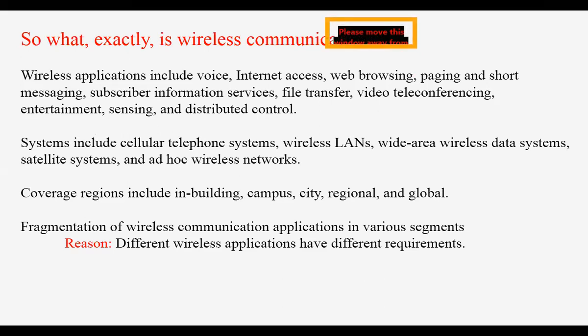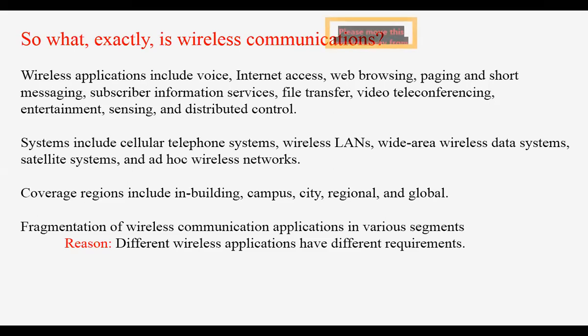So what exactly is wireless communication? Wireless communication includes voice, internet access, web browsing, paging, short messaging, subscriber information services, file transfer, video teleconferencing, entertainment, sensing, and distributed control. This variety of applications can use wireless communication technology.